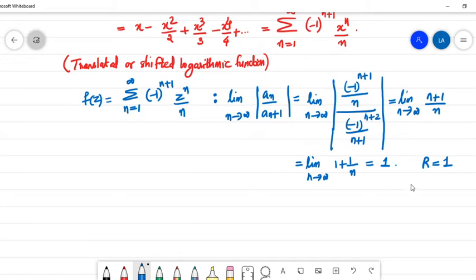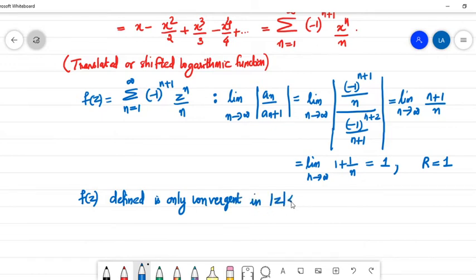And that will mean that the power series we just defined like this, F of z defined by the power series, is only convergent in mod z strictly less than 1, which is a very small portion.